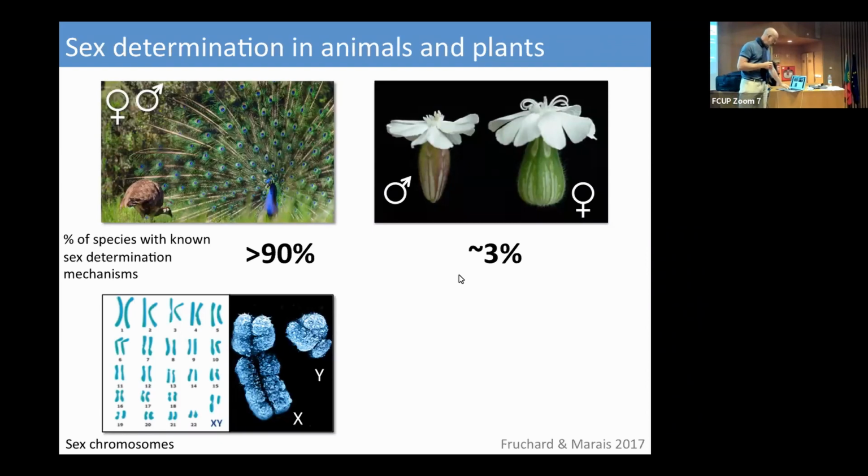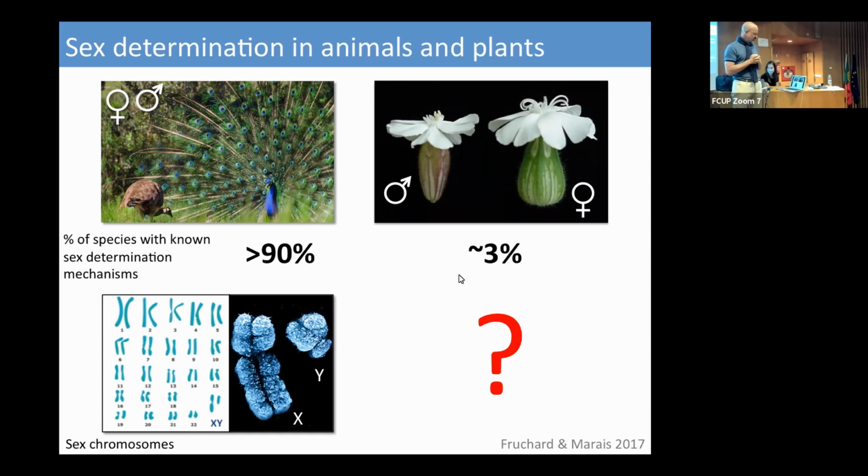It's the case in our species, but also in numerous animal species. In plants, most of the species for which we have information on sex determination have sex chromosomes.